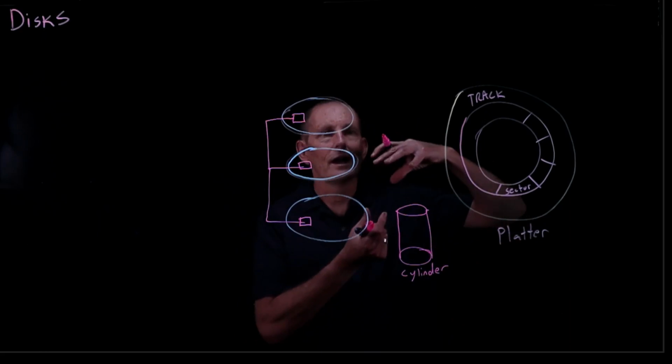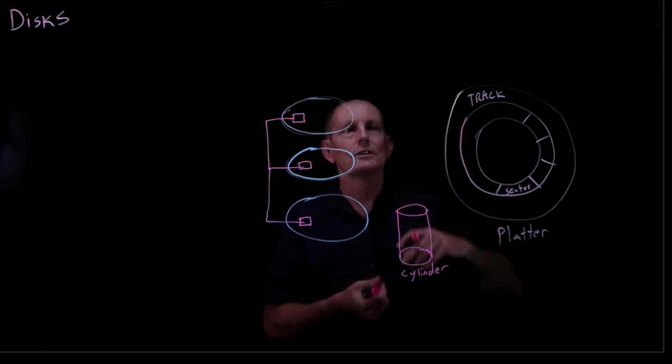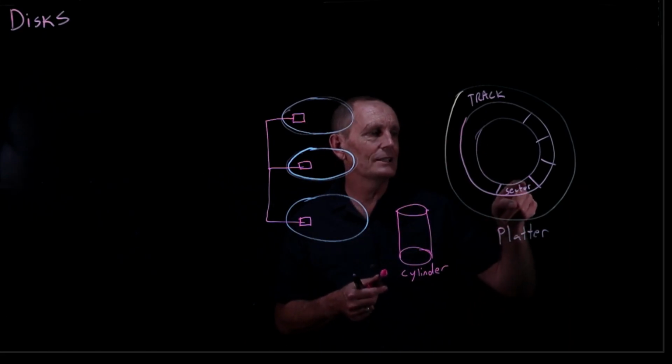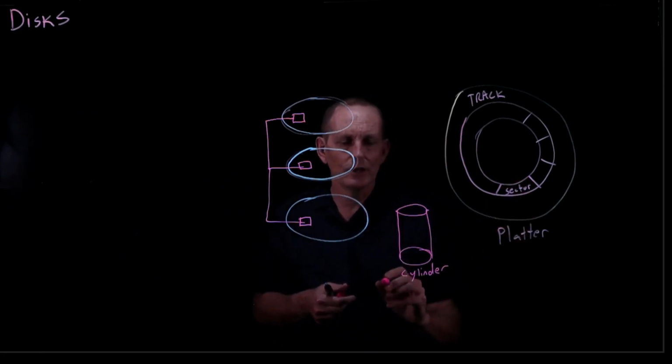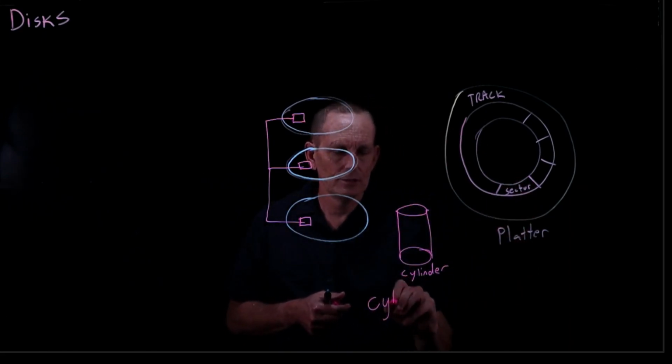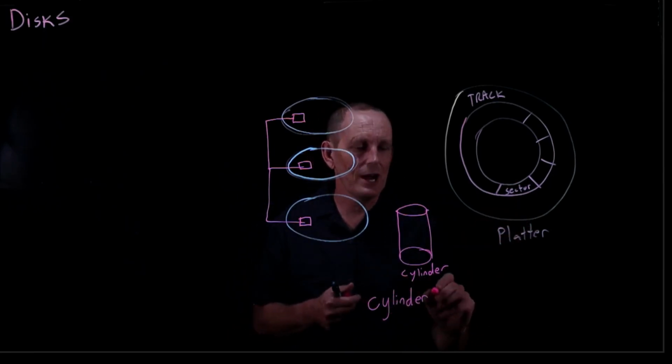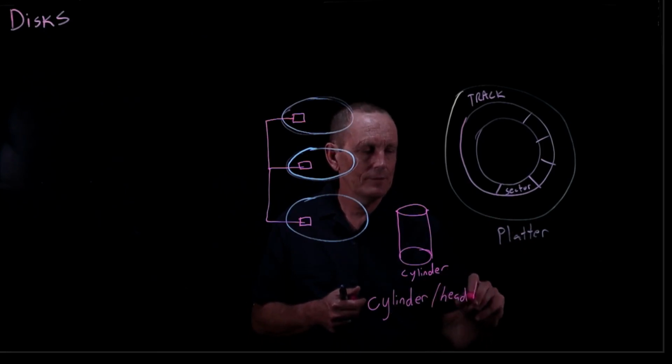So conceptually, we have these varying tracks of different radii. To uniquely identify a single sector here, we need to know the cylinder, which is the same as the track, the head, and then within that, the sector.